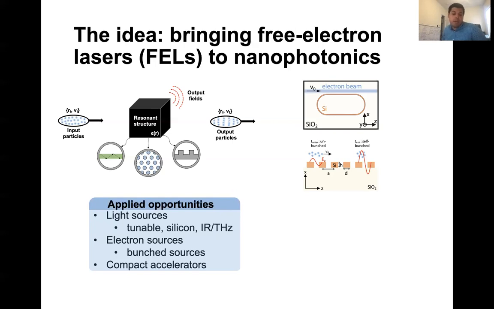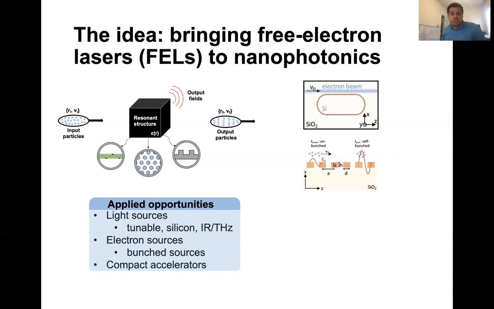Beyond opportunities for light sources, there are also opportunities for new kinds of electron sources, because when the electrons come out of a free electron laser, they're organized periodically so that the electron density has a strong modulation at the wavelength that you're trying to emit at. So the electrons come out in periodic trains. You can imagine that as the electrons come out of a nanophotonic free electron laser, you're left with a group of electrons spaced by 100 nanometers at a time.